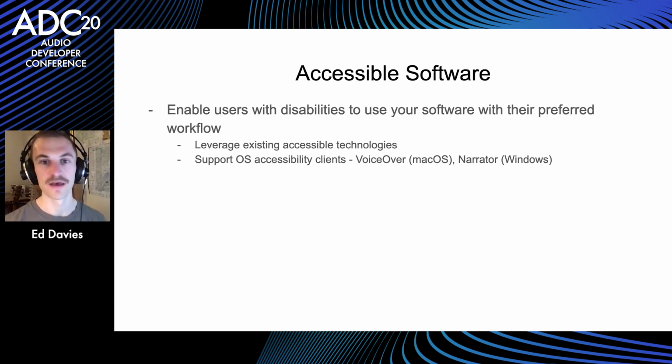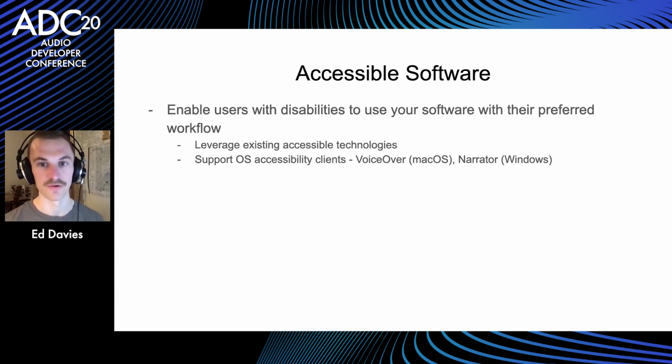So at its core, accessibility is really all about enabling users with disabilities to seamlessly use your software in a way that doesn't involve changing their existing workflow that they're already comfortable with. So most major operating systems have pretty comprehensive built-in accessibility support that we can leverage here. So we don't want to be reinventing the wheel, really. And these accessibility clients in the operating systems will allow users to navigate using just the keyboard.